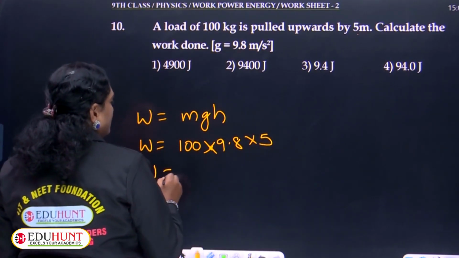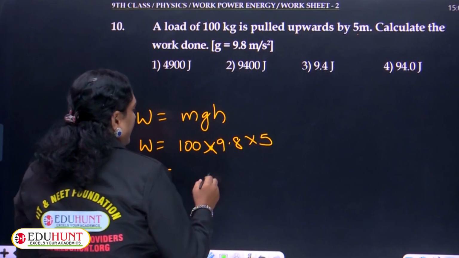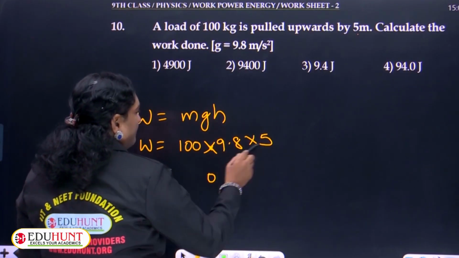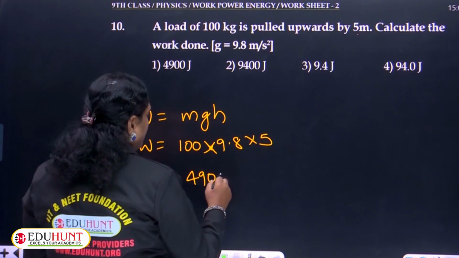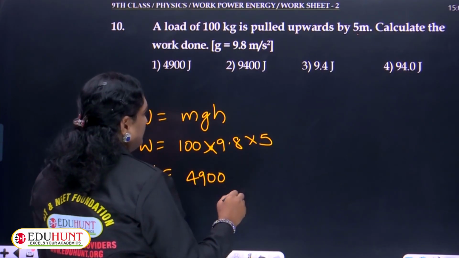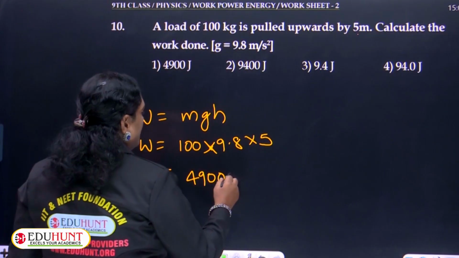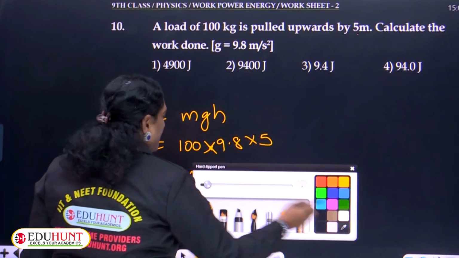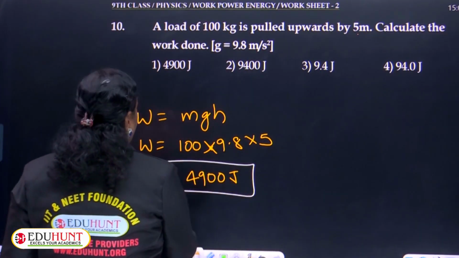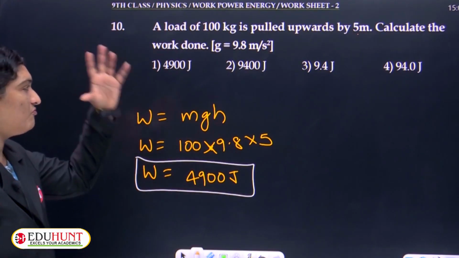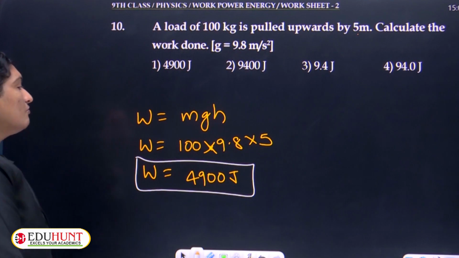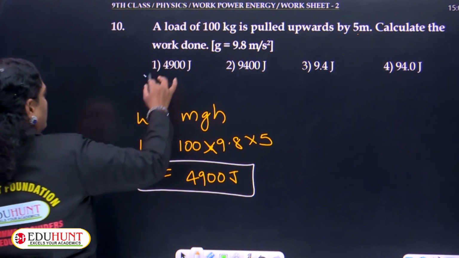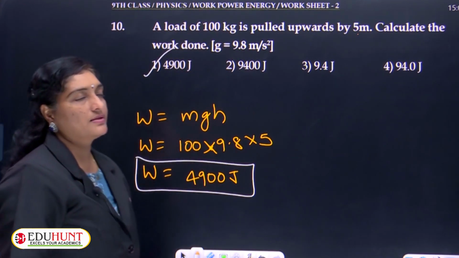So multiplying throughout, we have 4,900. So what is the correct option, children? Work done in lifting a mass of 100 kg upwards by a distance of 5 meters is found to be 4,900 joules, and hence option 1 must be true.